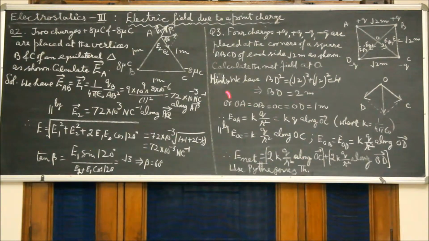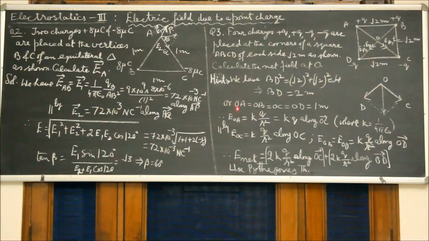In order to find out, here is the hint. You have BD square, that is square of this diagonal, equal to AD square plus AB square, that is root 2 square plus root 2 square, or 2 plus 2, 4, which gives you BD equal to 2 meter.